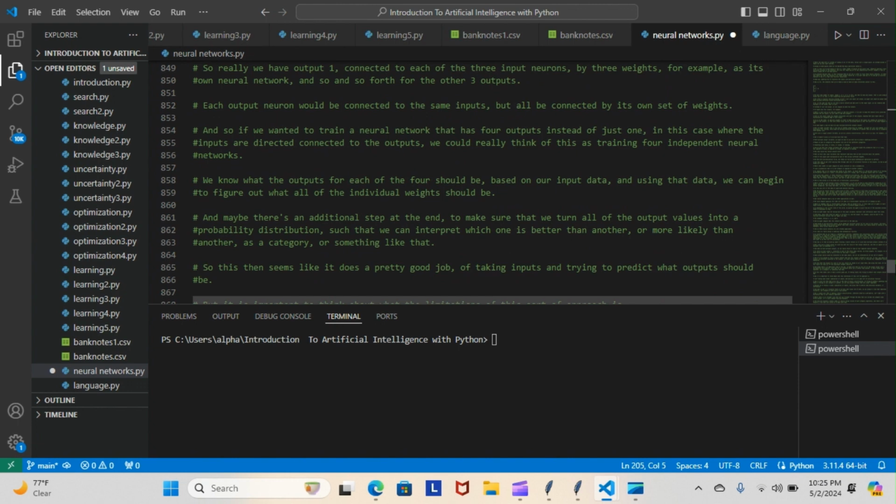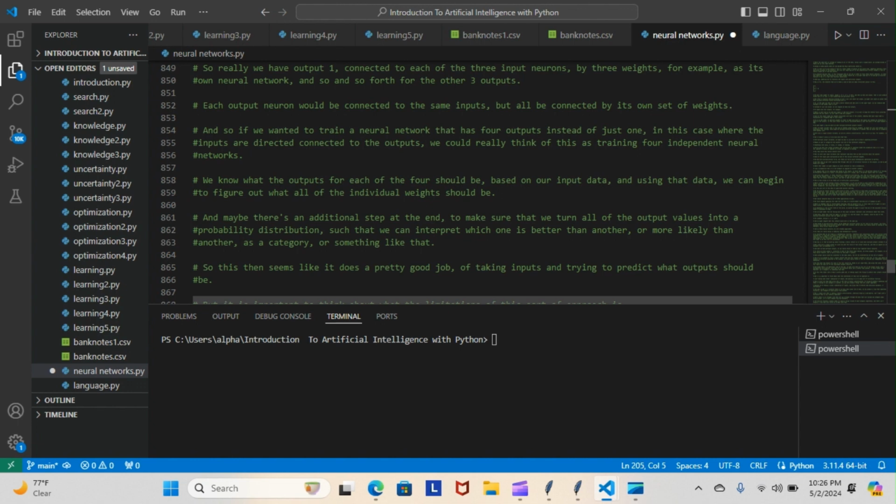And so if we wanted to train a neural network that has four outputs instead of just one, in this case where the inputs are directly connected to the outputs, we could really think of this as training four independent neural networks, like I showed you. So we had the three outputs up top, and each one of those three outputs was connected to the two inputs, and each one of those outputs was considered its own neural network because it had its own edges, which had its own weights and its own connections.